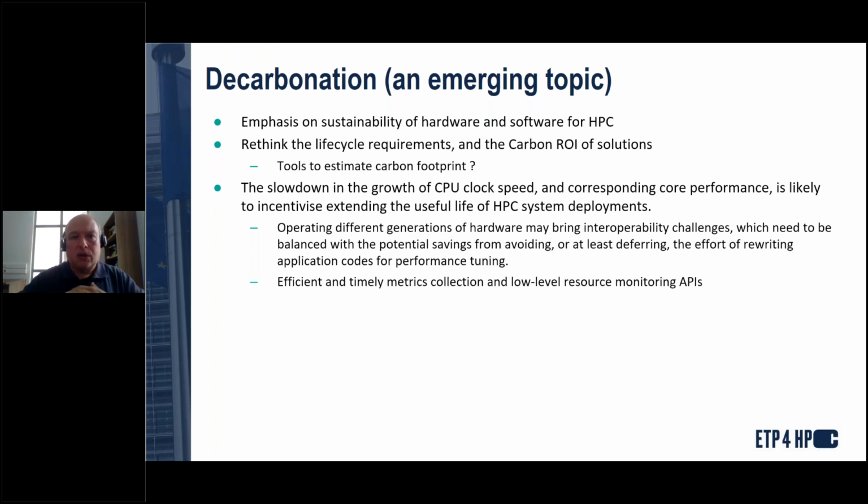It seems that there are some drivers for this concern to become even more important. So if we have a slowdown in how raw hardware speeds are evolving and the corresponding core performance, perhaps we have a financial incentive to keep our systems running for a longer period.